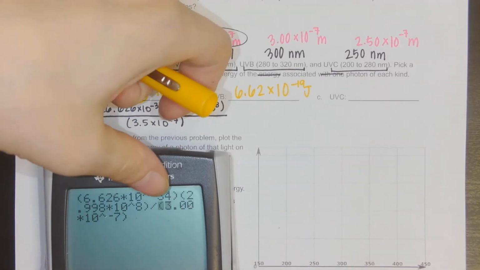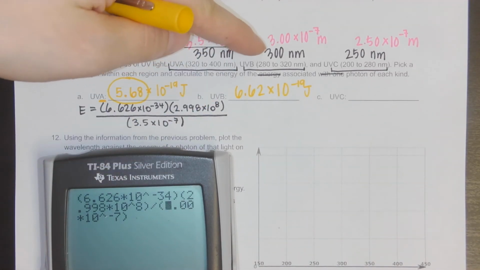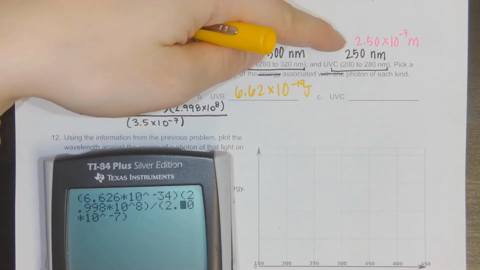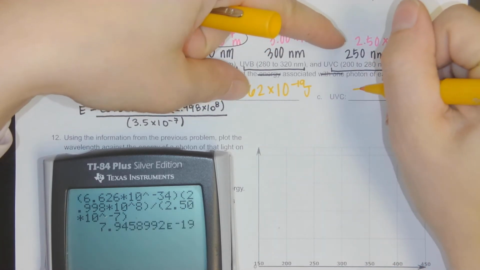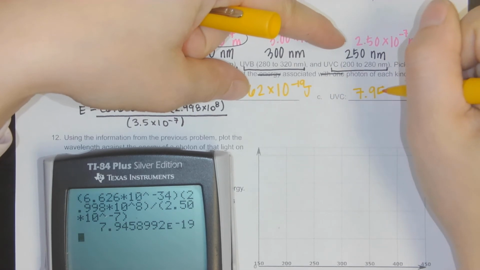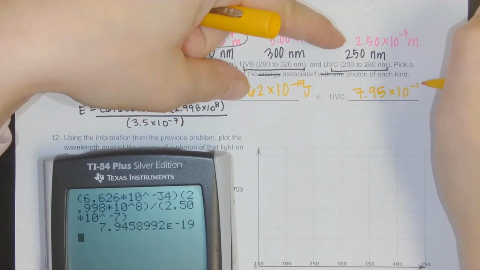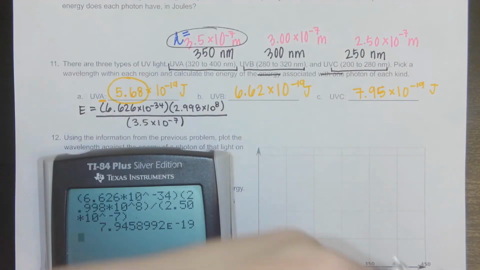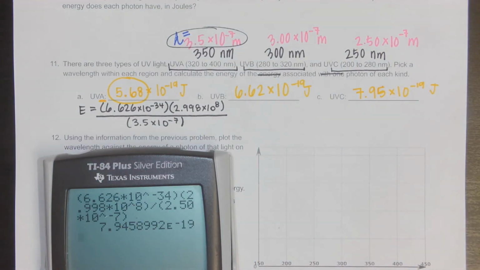And on this one, instead of 3.00, we're going to switch it to 2.5. The energy of this one is 7.95 times 10 to the negative 19 joules.